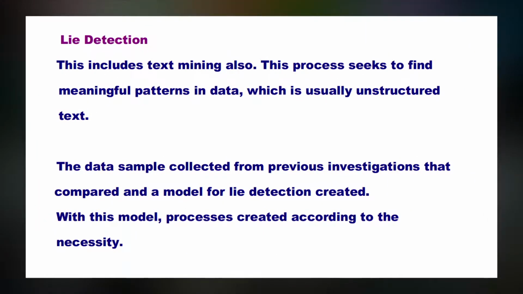This process includes finding a meaningful pattern in data which is usually unstructured, mostly a flat file and text. The data sample collected from previous investigations is compared and a model is built so that a lie detection system can be developed and administered. With this model, processes are created according to the necessity.